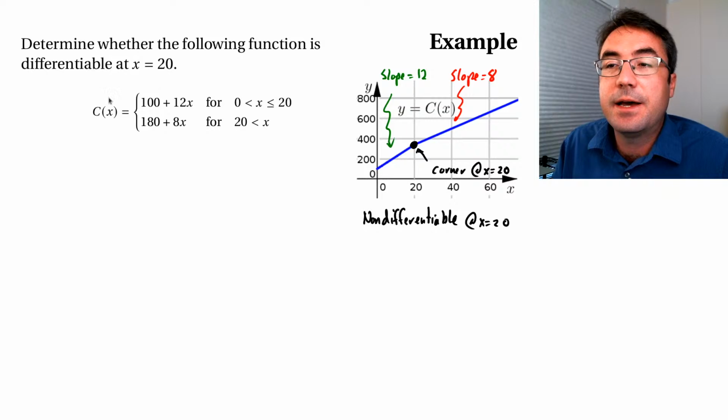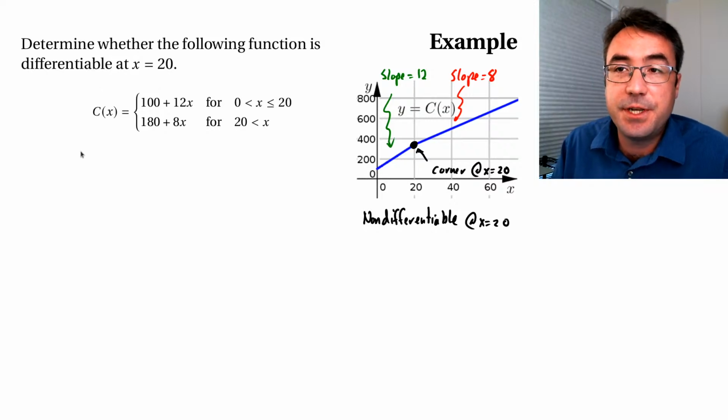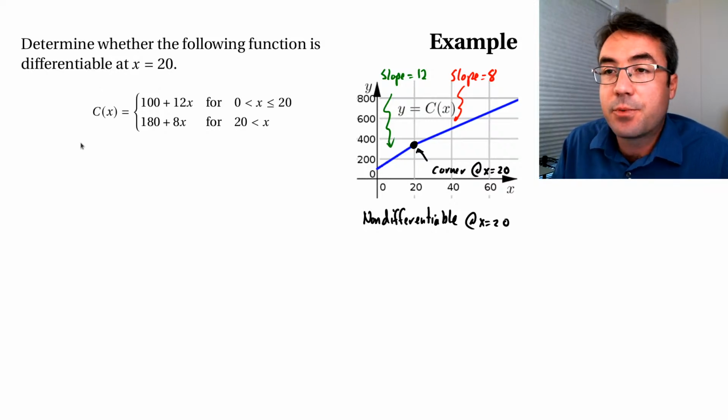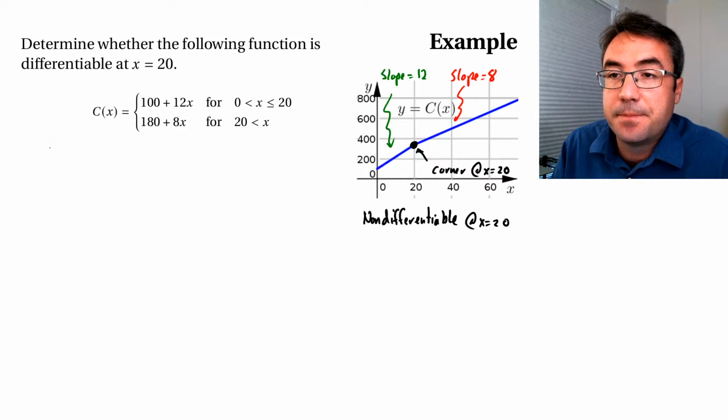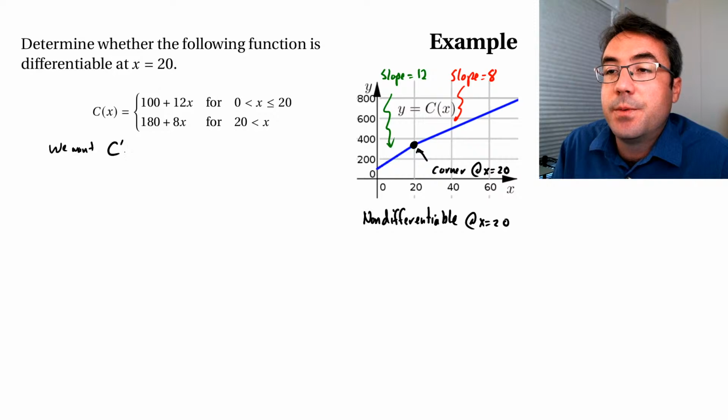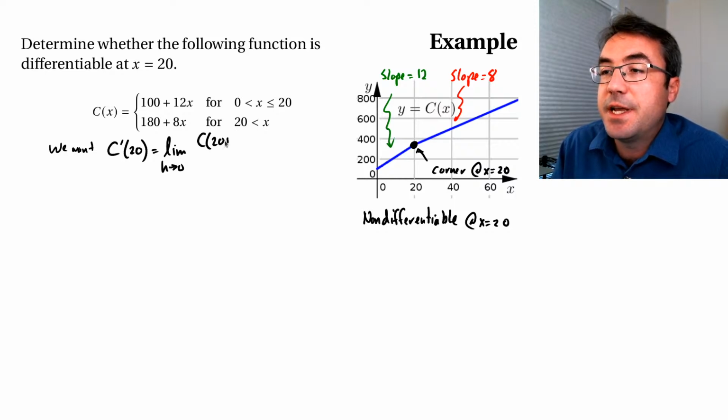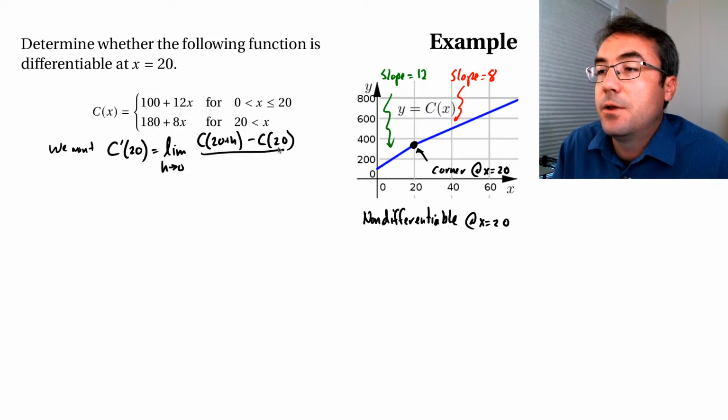What we want to calculate is the derivative here. See if we can calculate c prime of 20. The derivative is the limit as h goes to 0 of c of 20 plus h minus c of 20, all over h.